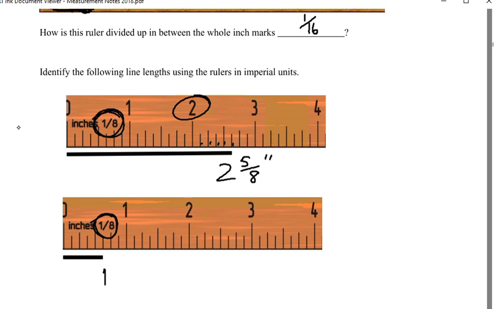For this line here, we're not even at the 1, so we just put the fractional value. 1, 2, 3, 4, 5. This is simply 5/8 of an inch. No whole number because we haven't even gotten to a whole inch yet.